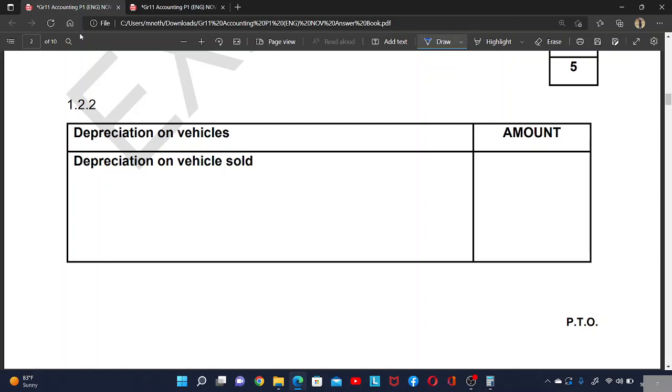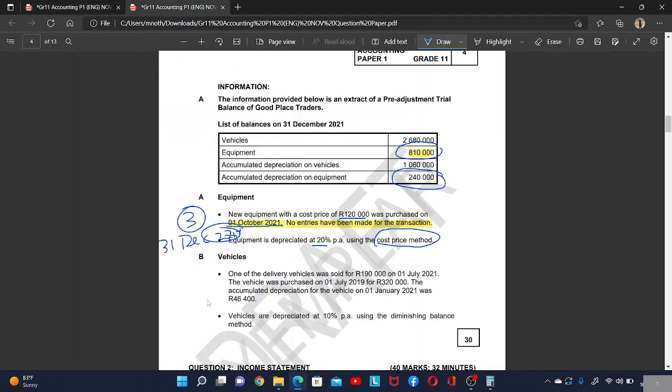Depreciation on the vehicles. Depreciation on the vehicle sold. What are they saying about the vehicle sold? One of the vehicles was sold for 190,000 on 1 July 2021.